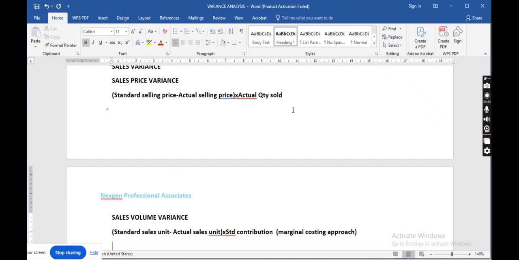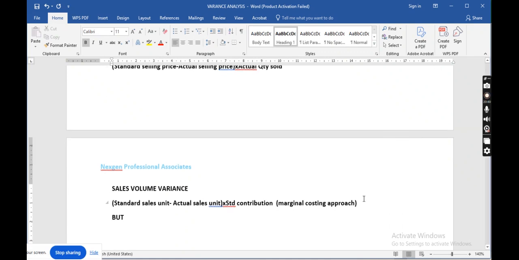But if the question says that this company operates on absorption costing, right? You have to multiply by your standard profits.